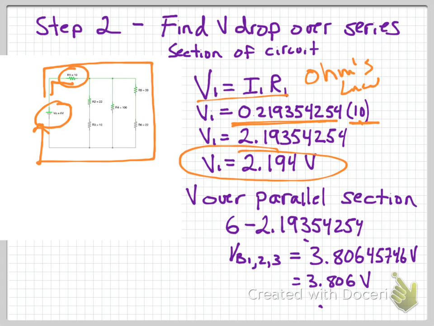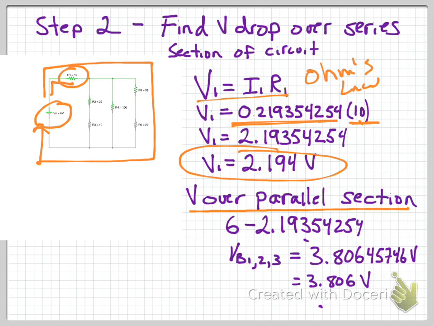Now, because that 2.194 has already been used, we don't have all that 6 volts anymore. So once we know how much has been used over that series section, now we know how much is going to be going across that parallel section.